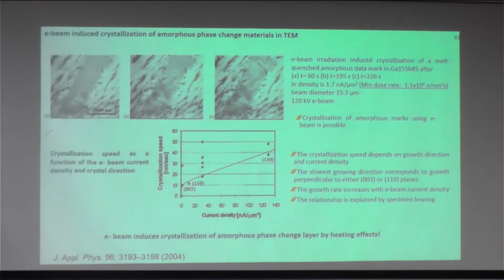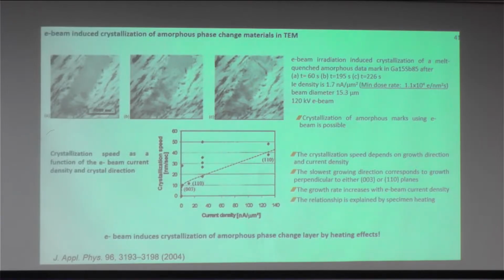So now let us look at some data on electron beam interaction with specimens. By electron beam, it's possible to induce crystallization of amorphous phase change materials. Here we can see the Blu-ray, an optical material, and here we see the crystalline phase of germanium antimony material.